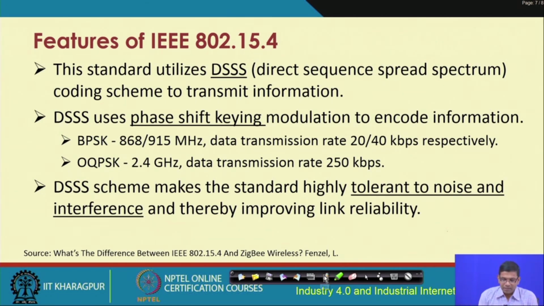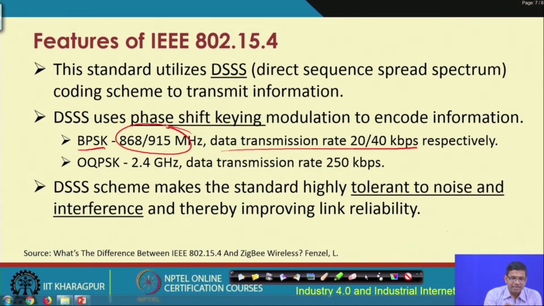So, the first one is the BPSK modulation, binary phase shift keying, and this is typically used for data transmission rate requirements of about 20 to 40 kbps, in the 868, 915 megahertz frequency band.